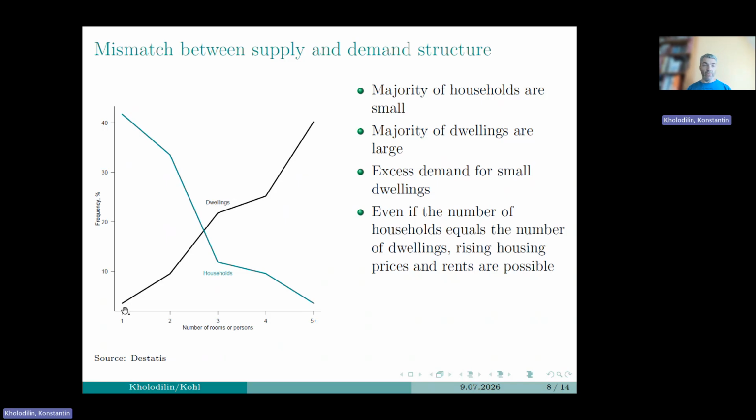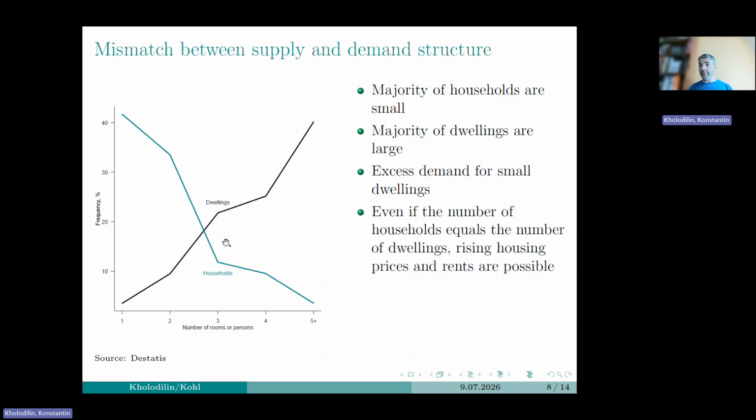On the other hand, we have just the opposite, the mirror image, if we look at the distribution of dwellings. There are relatively very few small dwellings with one room, 10% of dwellings with 2 rooms, and 40% of big dwellings, 5 and more rooms.